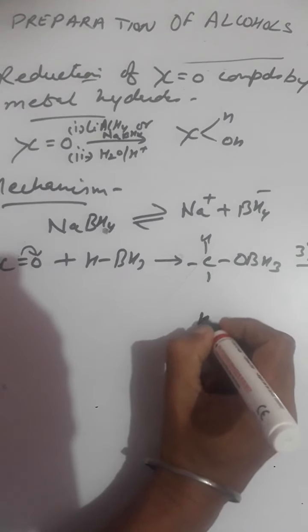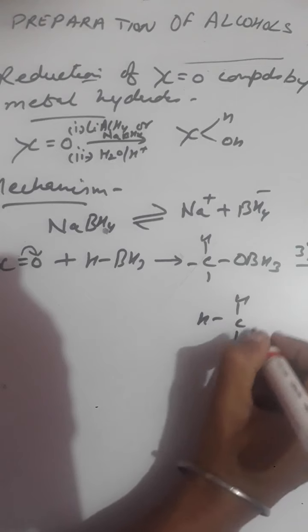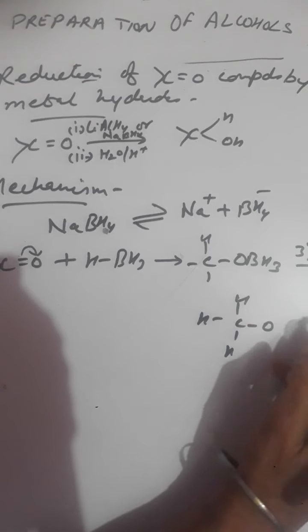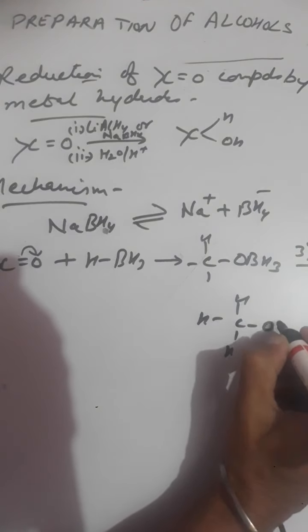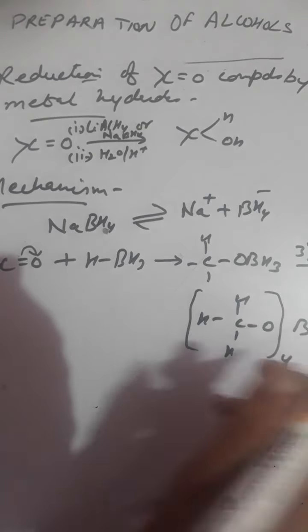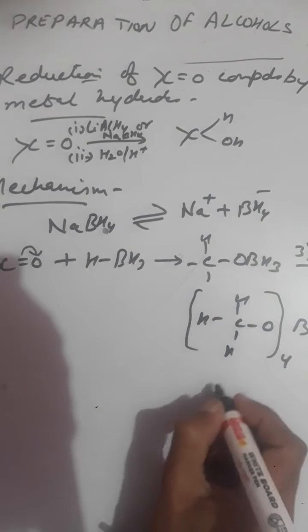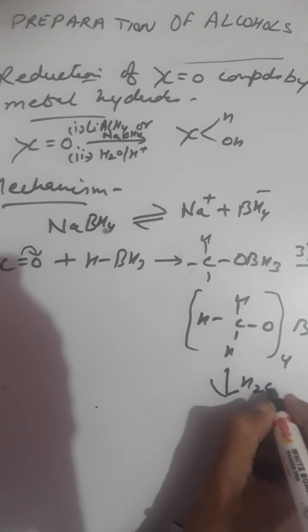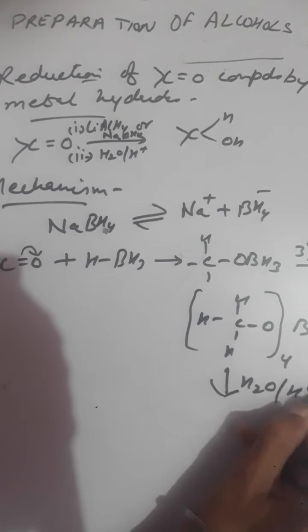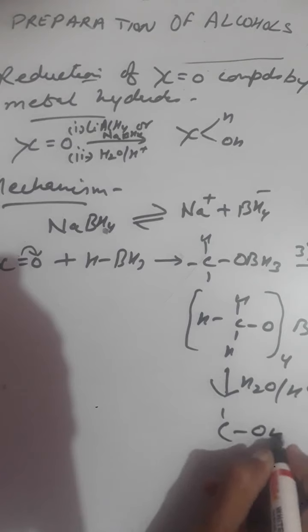We will get CHO, whole four B, and when this is hydrolyzed in the presence of acid, we get CHOH.